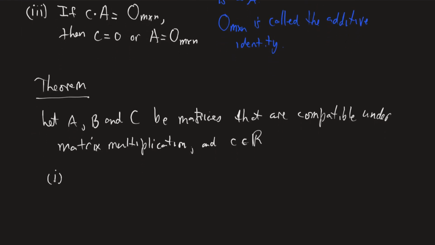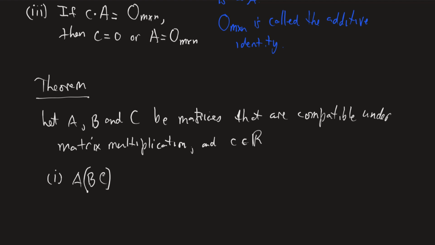The first one is the associativity property of matrix multiplication. In other words, what if I decide to multiply all three of these: A times B times C. Well, how do we do it? Doesn't matter.